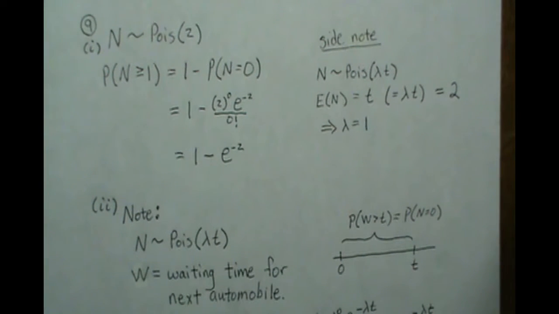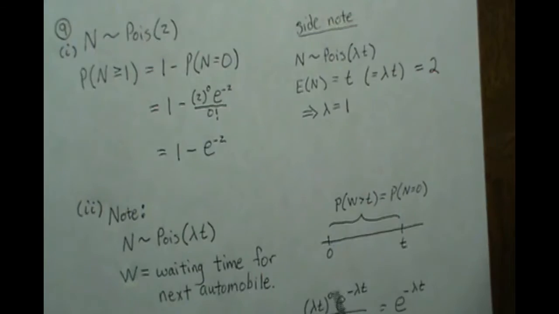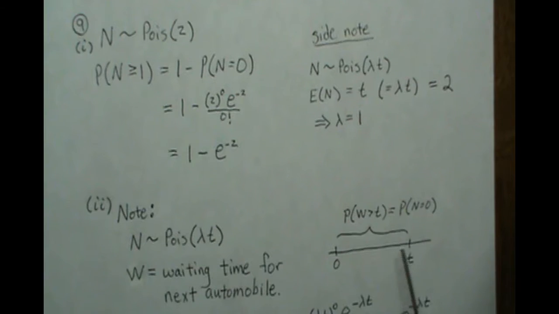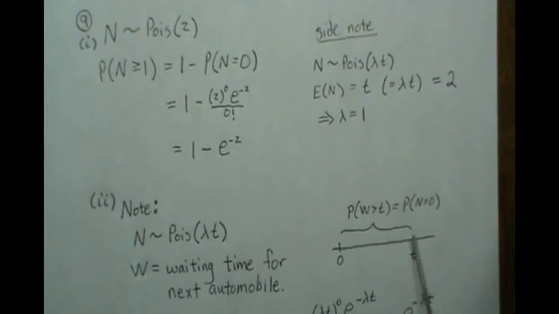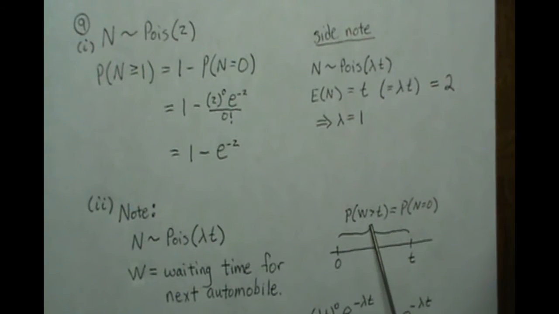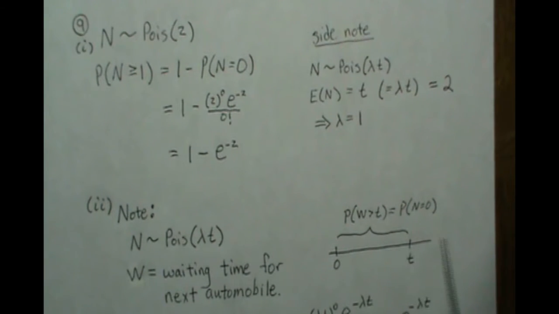Now I want to look at the second solution, where we deal more with the waiting time as opposed to the Poisson. Here, N is a Poisson with this rate, and W is the waiting time for the next automobile within that interval t. I think of it like this. We're looking at an interval from 0 to t, and the probability that we see 0 events in here is the same as the wait time for an event being more than t.